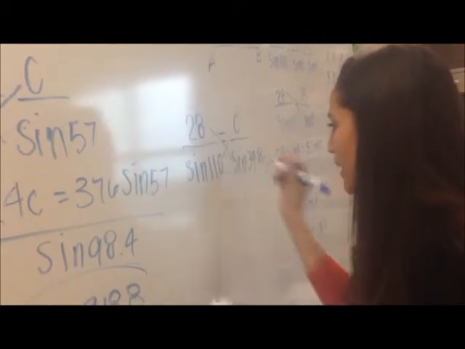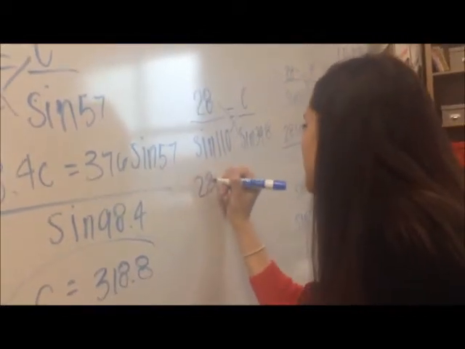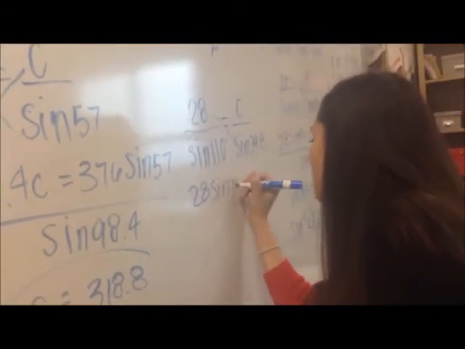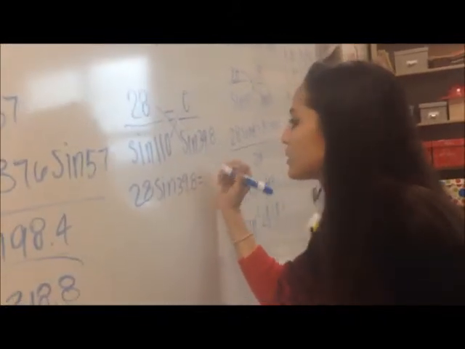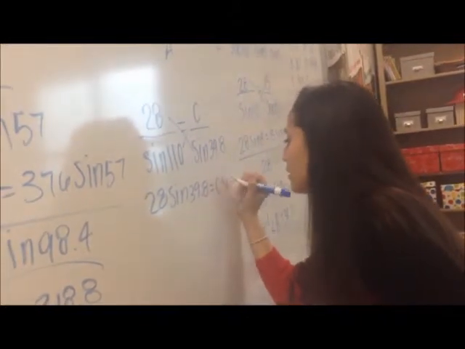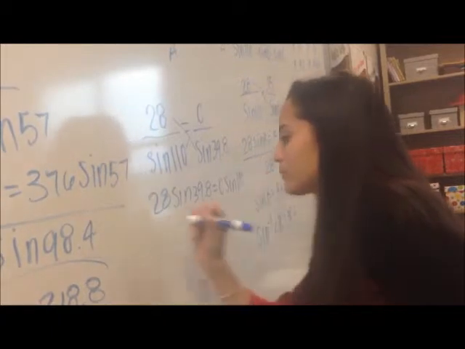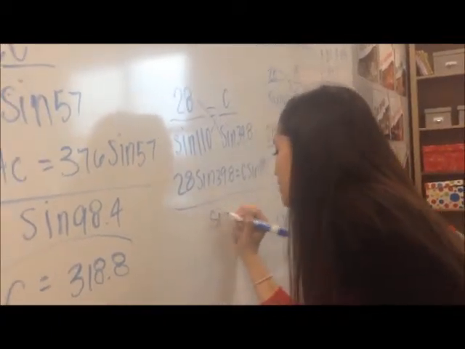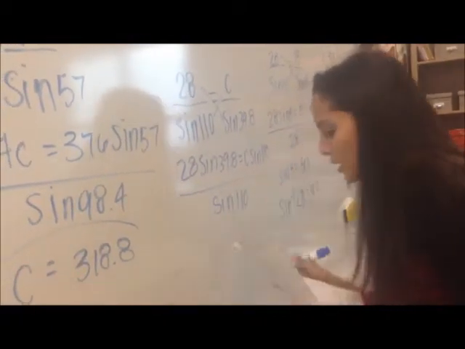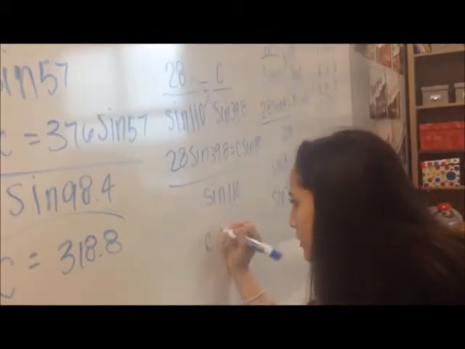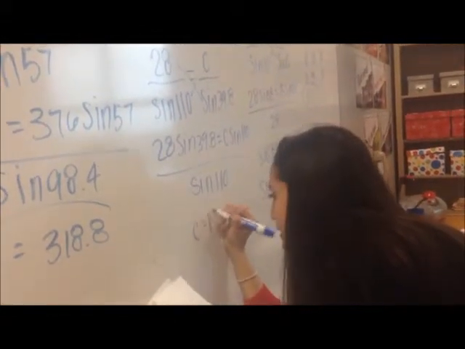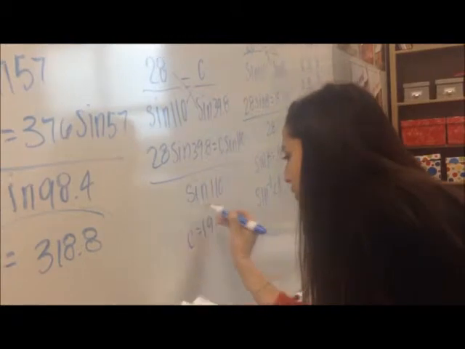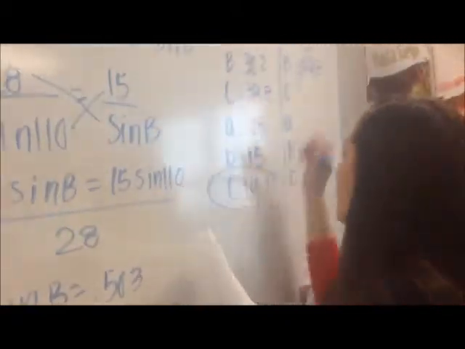You're going to cross multiply. 28 sine of 39.8 is equal to little c sine of 110. We're going to divide by the sine of 110. And our little c will equal 19.1. And so now we have all our indicated angles and sides that are missing.